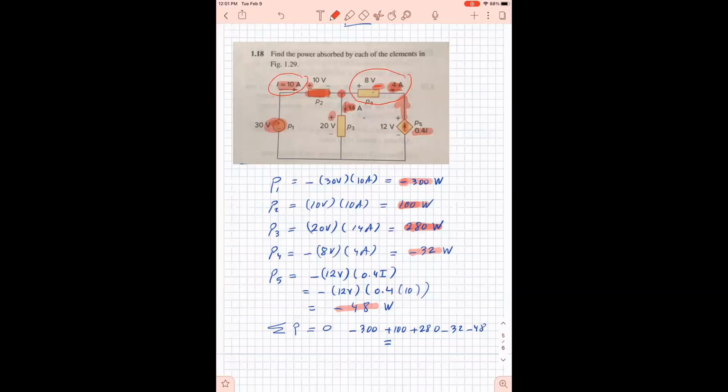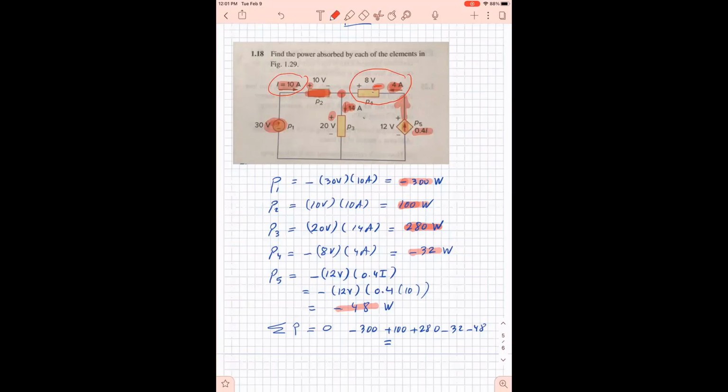Dr. Shiaba, you can say it's the same thing about the 30 volt P1 too, right? Because power is going into the negative terminal. That's not quite my question though. I understand that you can just look at the symbol and determine that it'll be a negative power. My question is, let's say they didn't put the negative to positive sign.